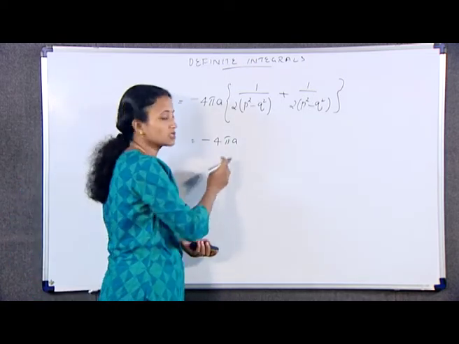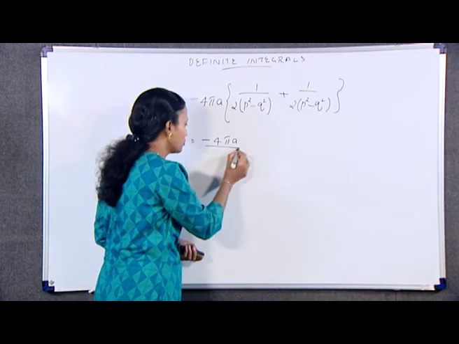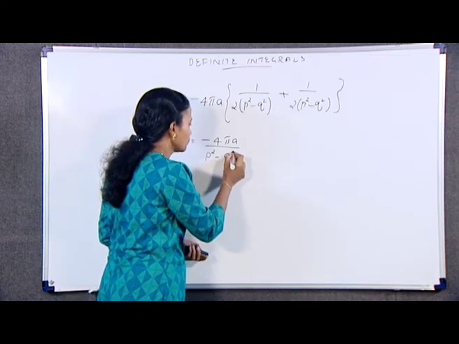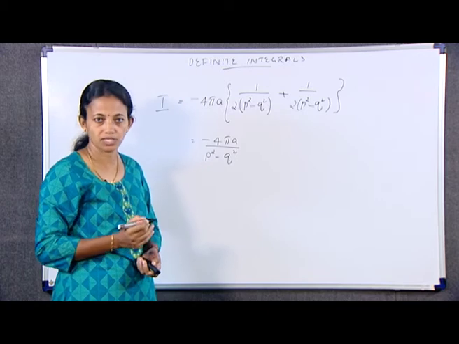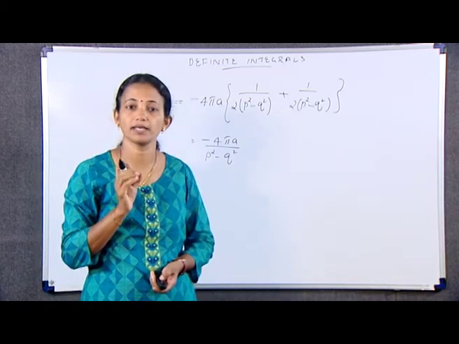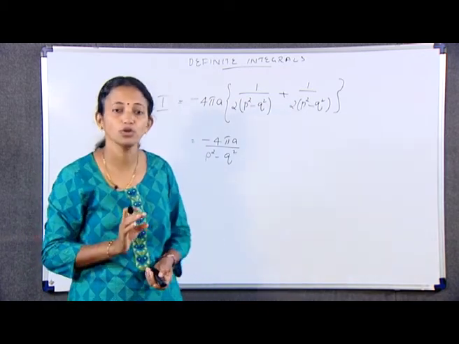So, it is minus 4 pi A divided by P square minus Q square, which is equal to minus 4 pi A by P plus Q into P minus Q.